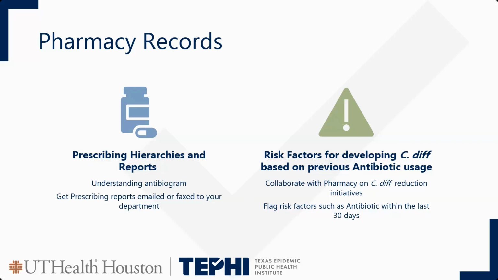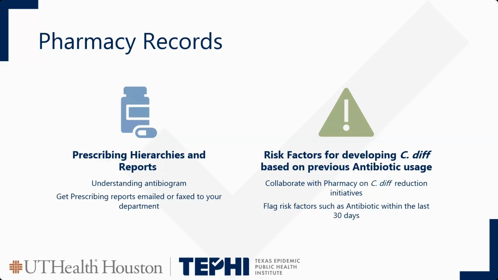So if there are patients coming in that have used antibiotics, or that we have seen in our facility in the last 30, 60, 90 days, and they are being identified as, hey, this is a high-risk patient, maybe we need a second look at exactly what antibiotic we're prescribing, making sure that we are not using broad spectrum antibiotics but a really narrow range, so that we are not having C. diff cases.